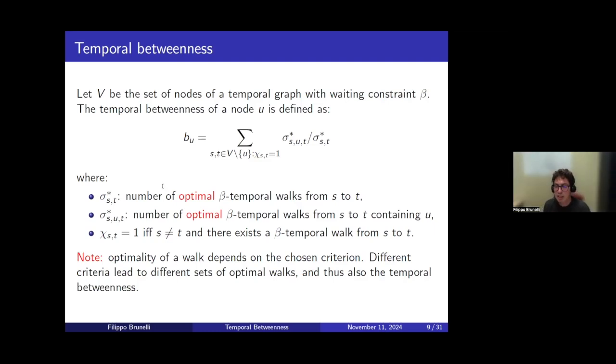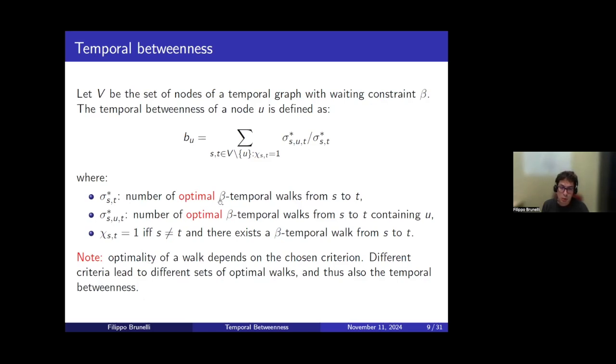So in static graphs, when we want to optimize a path, we are looking for the shortest. That's normally what is done. While when we are working with temporal graphs, there are many different criteria that we want to optimize, and we will go through them.